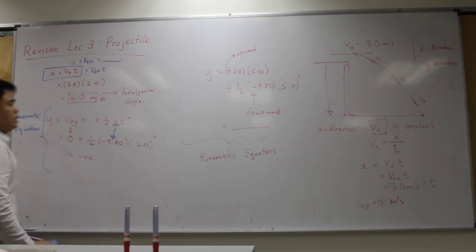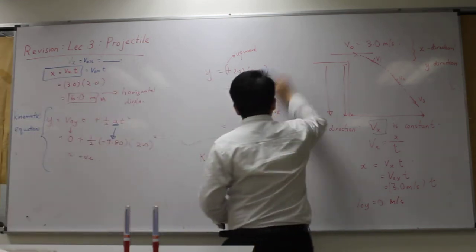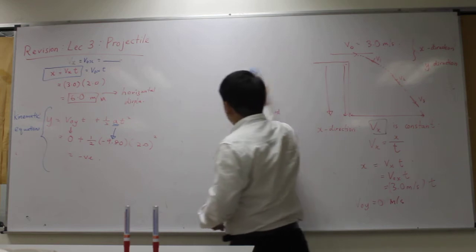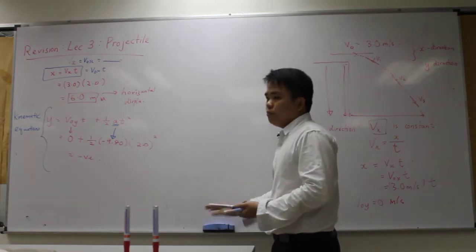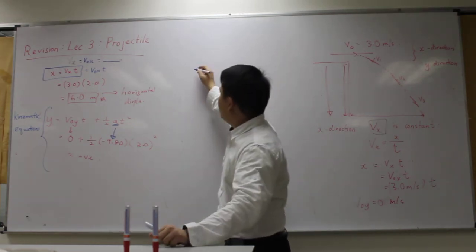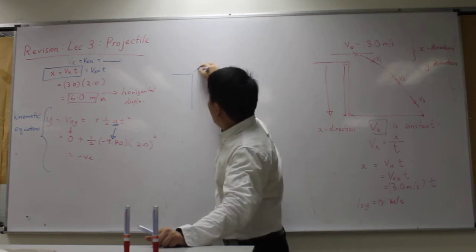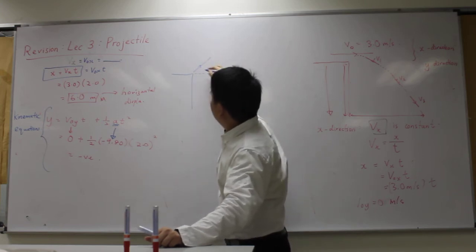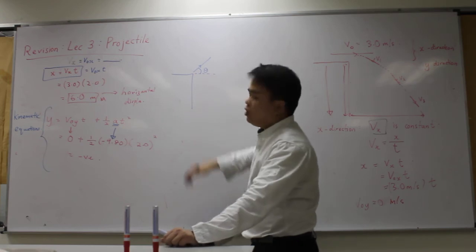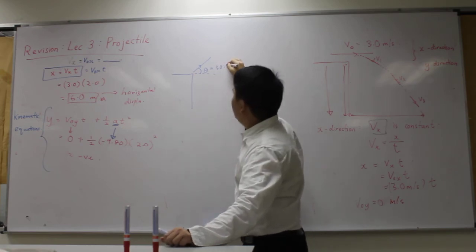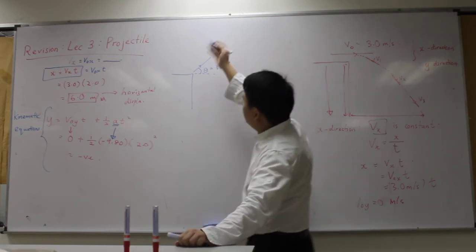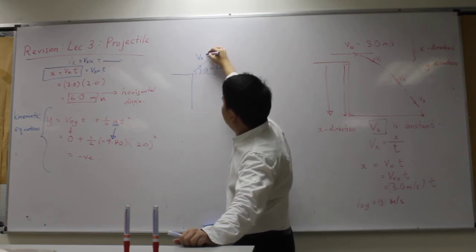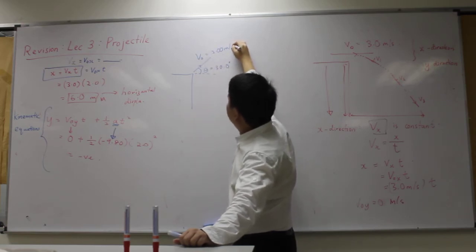Let me move to the third case of the scenario. If I throw one ball, maybe upward or downward, at a certain angle, let's say like this, maybe 30 degrees, and the V naught here is 2.00 meters per second.